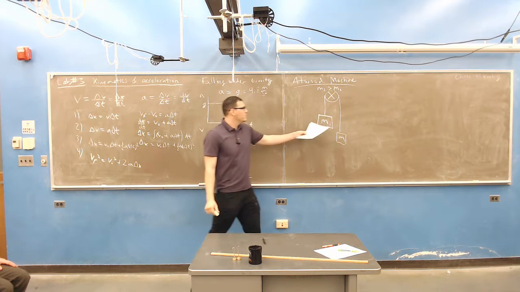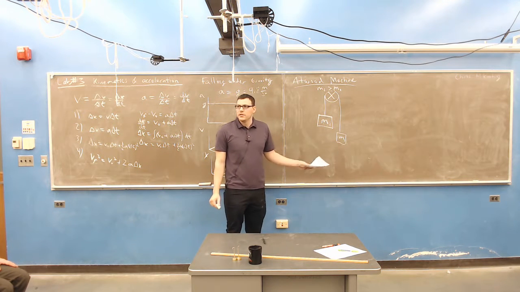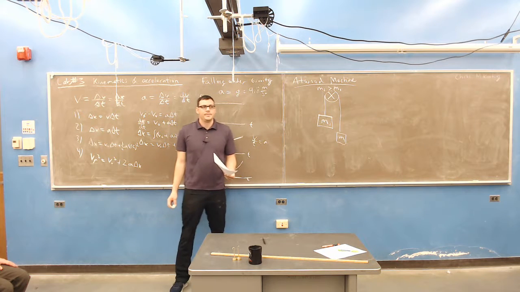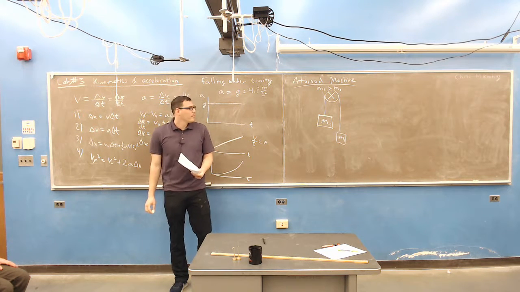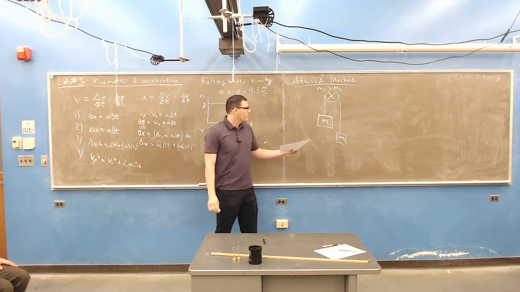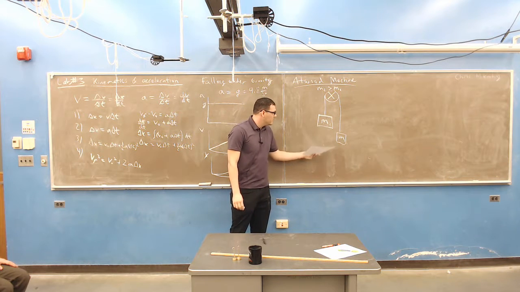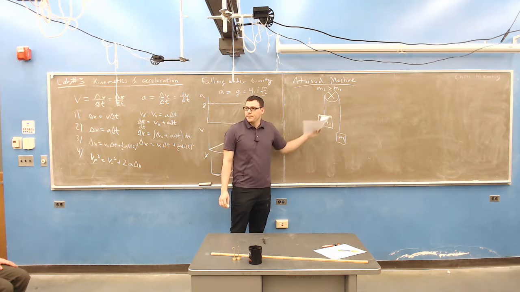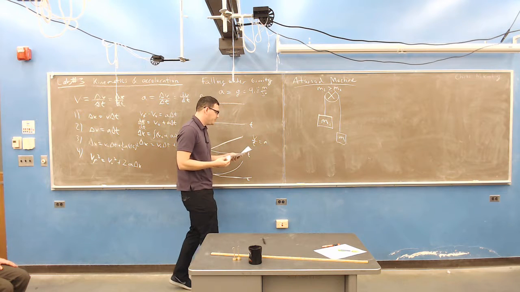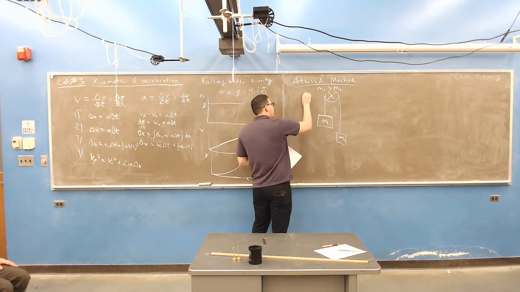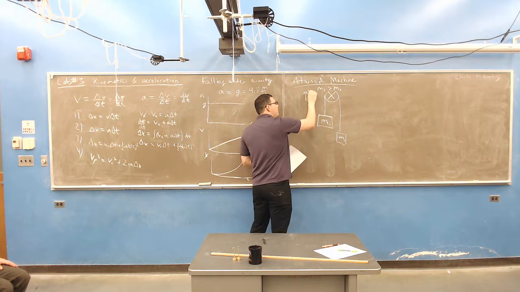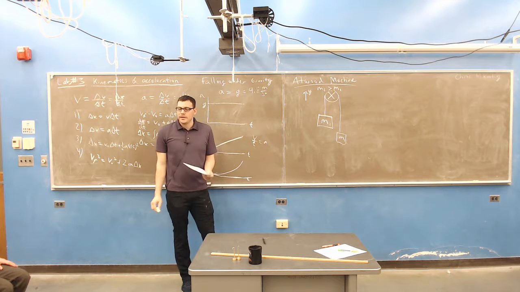All right, if mass 2 is greater than mass 1, what do you think this system is going to do? Yeah, so mass 2 is going to move down, and mass 1 is going to move up. That's what we expect. Just to be clear, I'm going to make this coordinate system with y being up. That's the positive y direction.